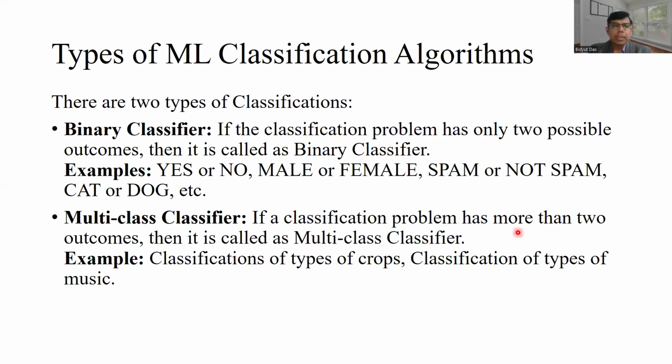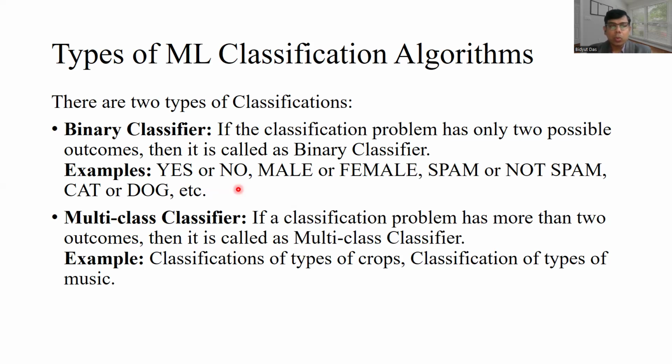Next are the types of machine learning classification. There are basically two types: binary classification and multi-class classification. Binary classification means there are two categories, like yes and no, male and female, spam and not spam.